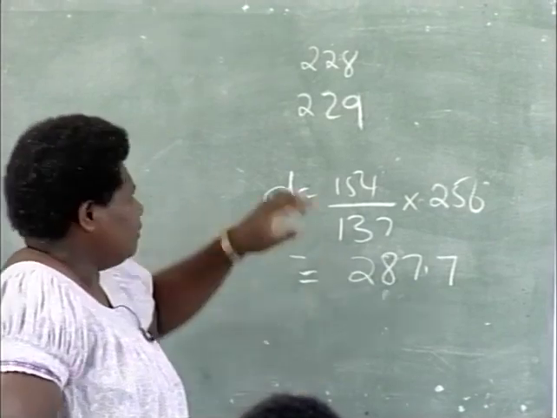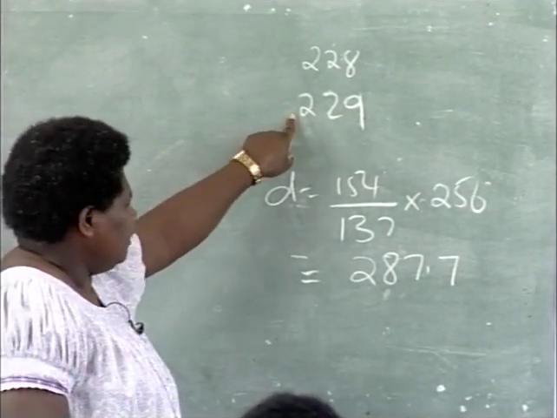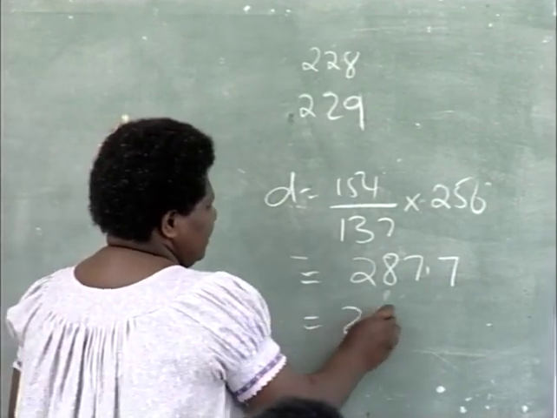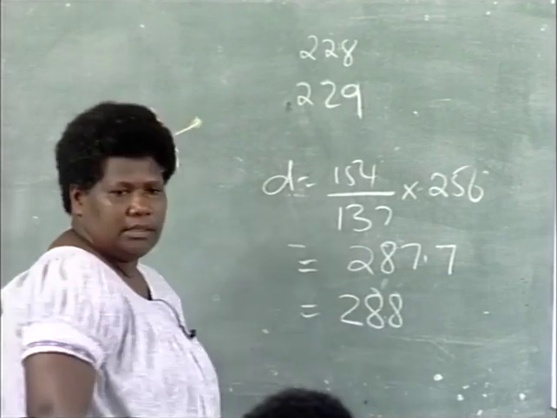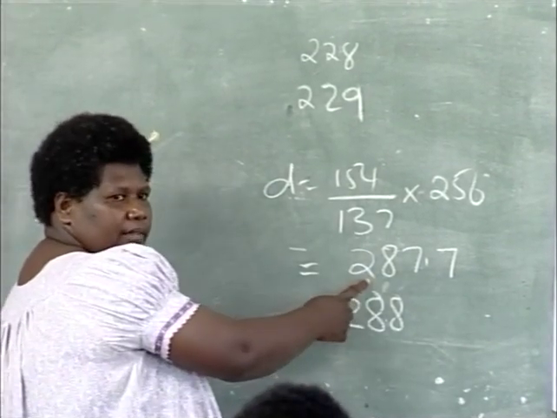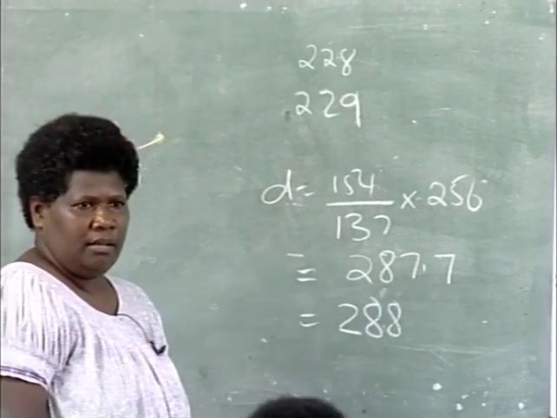I thought Chutali gave 229. You gave 229. Okay, it should be 287.7, which is 288. But why is this 287.7?